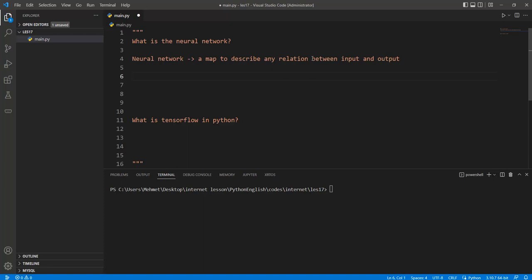What's the meaning of this? For example, if you know an equation like this one, a x square plus b times x plus c, this is a second order equation relating to the output y. In here, the output is y, and the input variable is x. If you have any x with the coefficients a, b and c, you can generate any results related to the output.